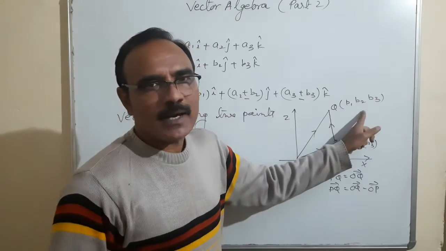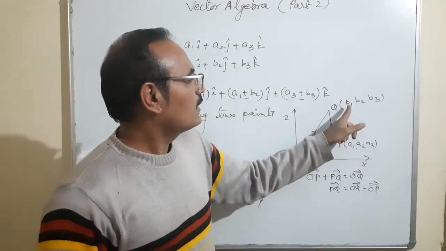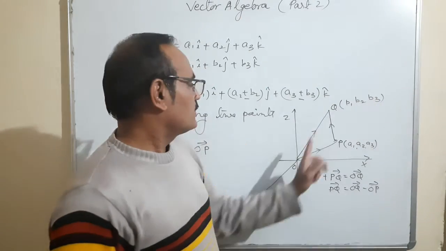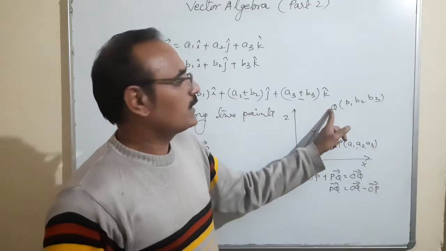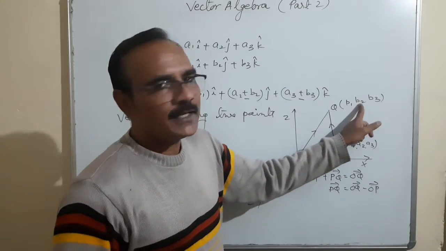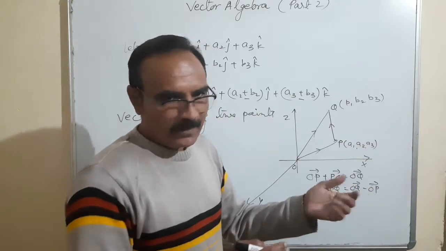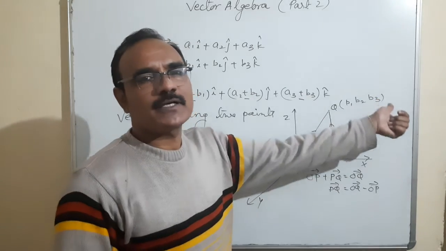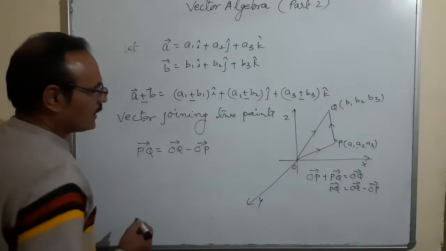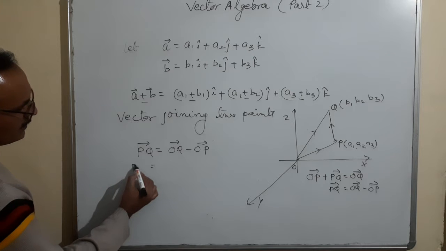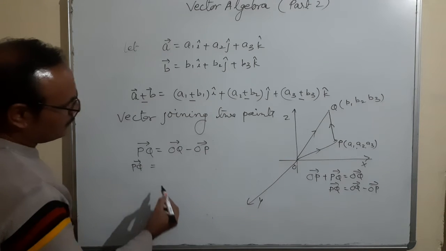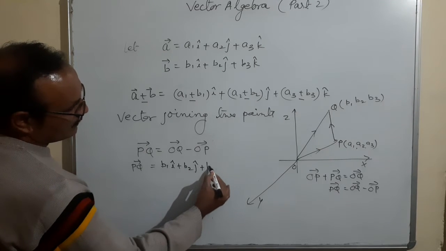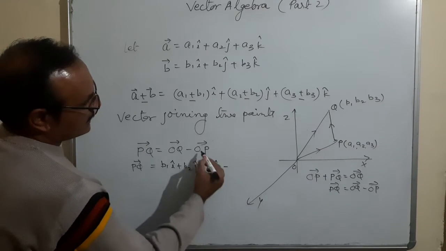When we vectorize these 3 points along the x-axis, y-axis and z-axis, OQ can be written as B1i plus B2j plus B3k, using the unit vectors along the x, y and z axes. So PQ is equal to B1i plus B2j plus B3k minus OP.